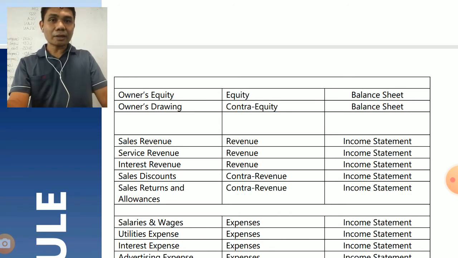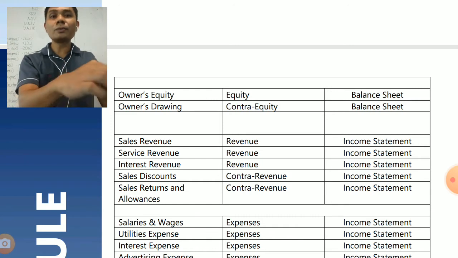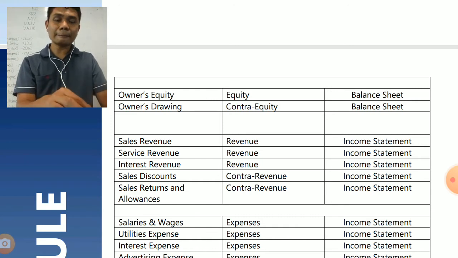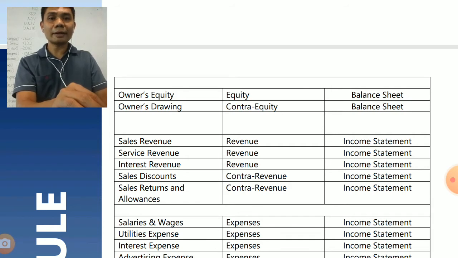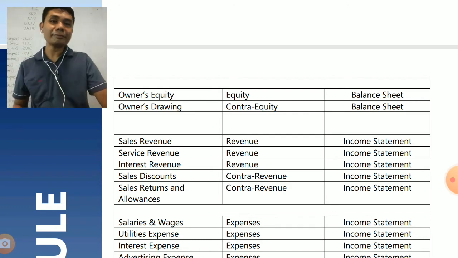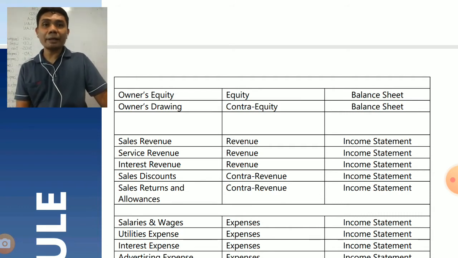So, nahalin ka pero naghatag ka og discount, so ubos-ubos ra gyud ang imong nadawat nga halin kaysa real nga sales revenue. So that is why you subtract sales discounts from sales revenue. Another contra revenue is sales returns and allowances. Kana bitawng giuli. So kay defective man ang napalit sa customer nga pan. So giuli.